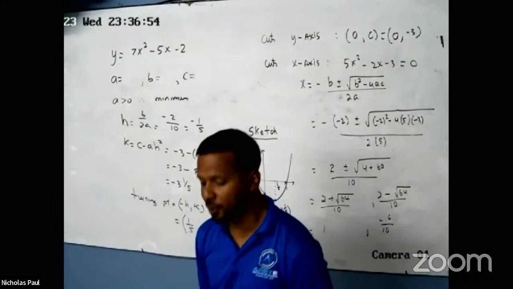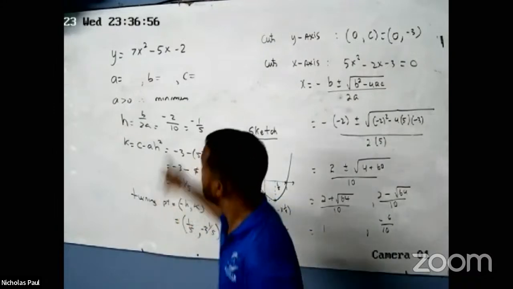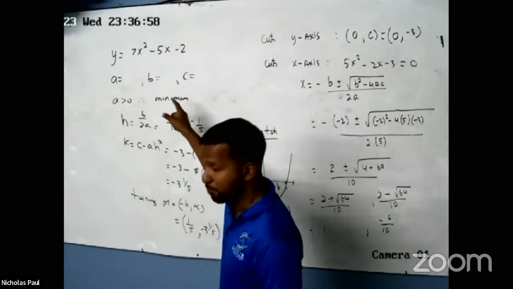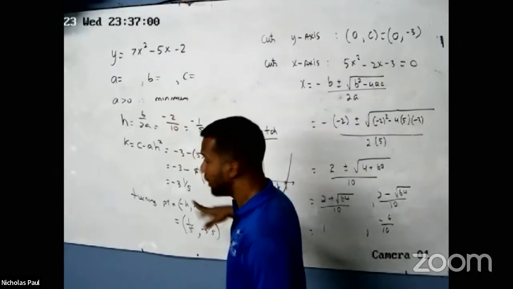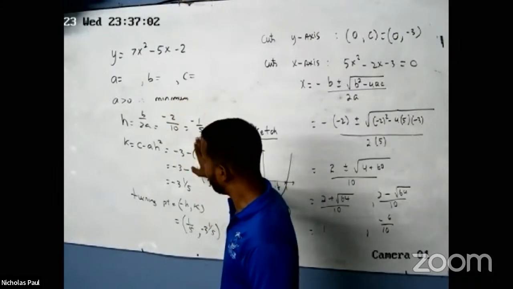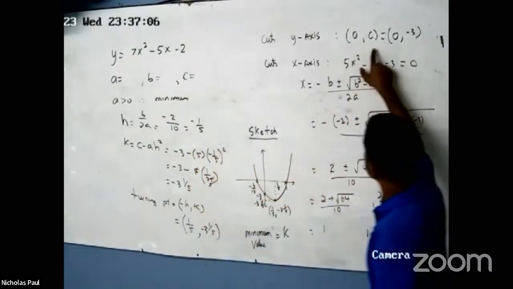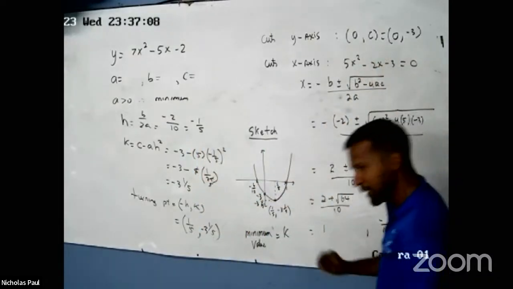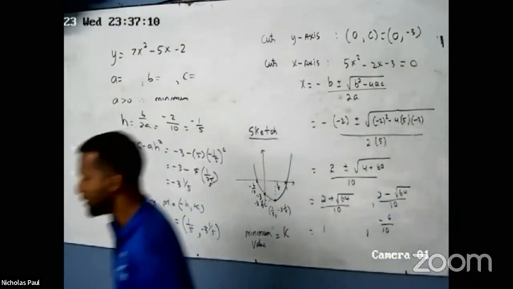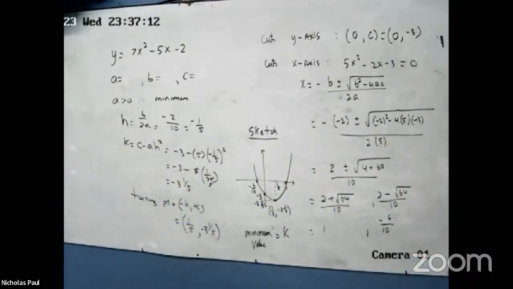Is this one max or min? Minimum, so the same shape. So try it: A, B, C, find H, find K, write it in vertex form, the y-axis, and plug in the values. Where you're having trouble, you can ask.